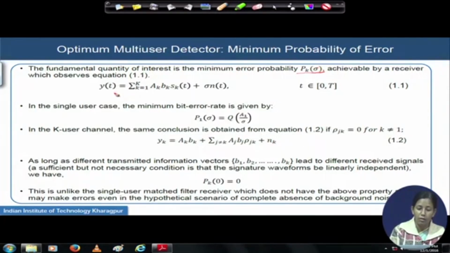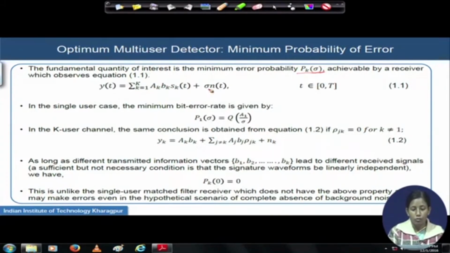With the receiver structure, we understand that K users are present in the channel, and each of them is transmitting its corresponding bit b_k with its unique signature waveform s_k associated with it, and A_k is the received amplitude of the signal associated with the kth user.